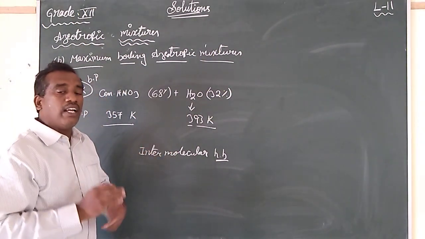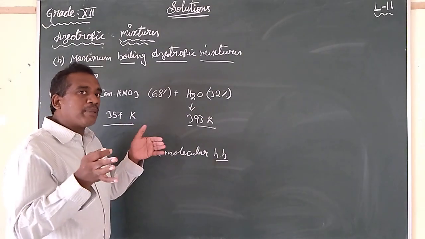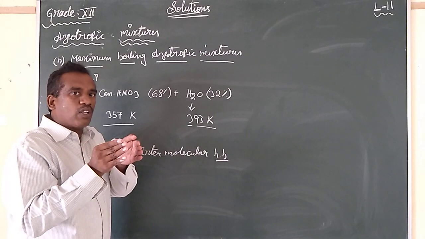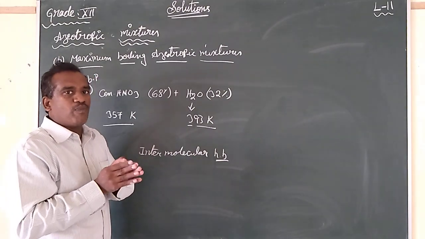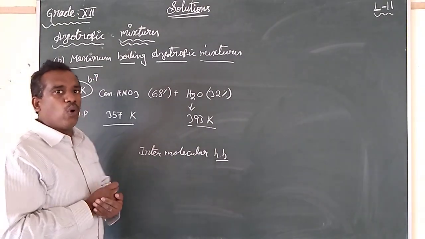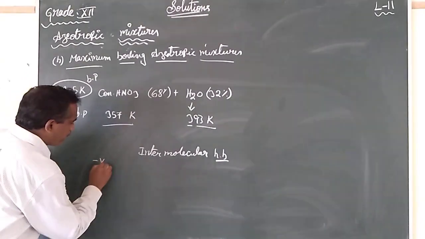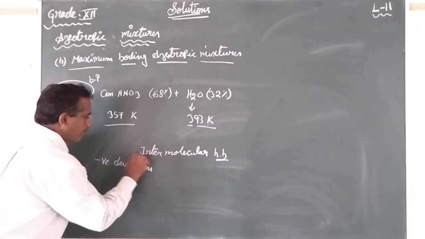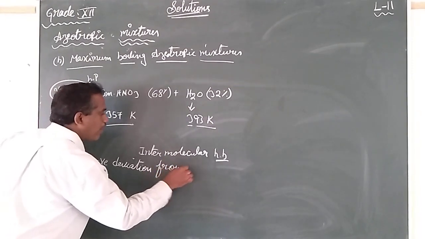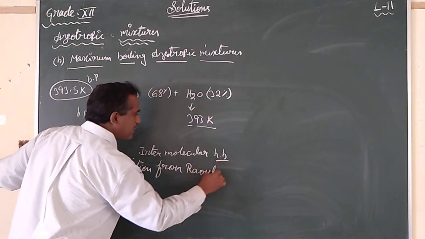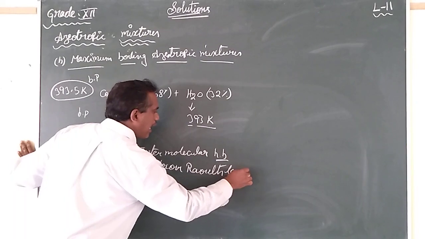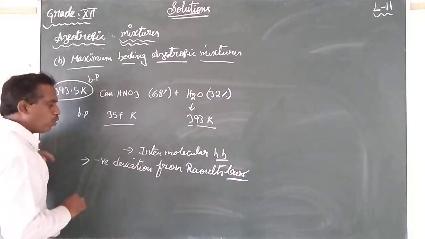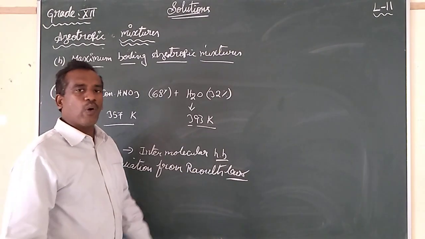We had already learned that when two compounds form intermolecular hydrogen bonding, the forces of attraction between the molecules increase and they show negative deviation from Raoult's law. So as these compounds have intermolecular hydrogen bonding, they show negative deviation from Raoult's law.